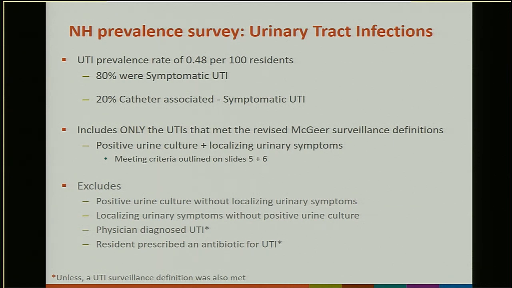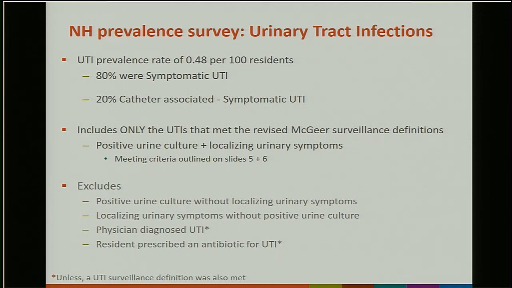It does not include a physician-diagnosed UTI. In many circumstances, we may have seen evidence that a physician had said this person has a urinary tract infection. If it didn't meet the revised McGeer criteria, it is not included. It also doesn't include residents who may have been prescribed an antibiotic for treatment of a urinary tract infection, unless it also met the surveillance definition.